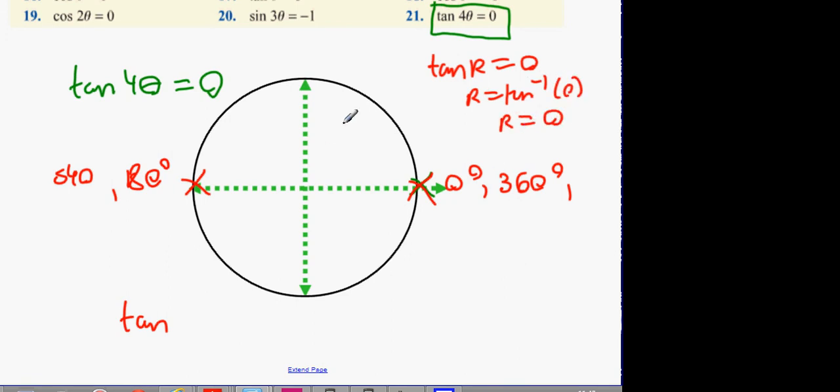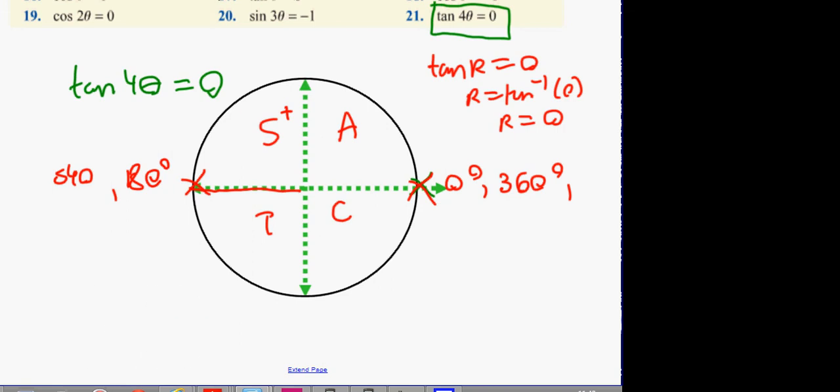Then you'd be left with A, S, T, and C. Sine 180 is 0, so when you're actually on the line, you're neutral. So your usual quadrants don't work. So we found out that it's 180 and 360 anyway.